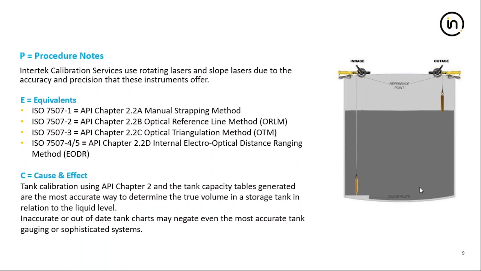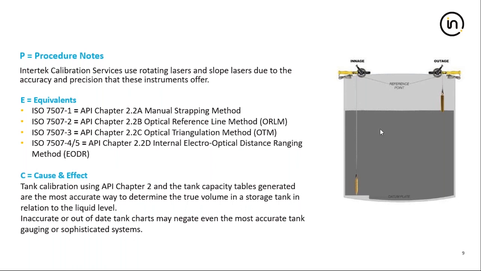You use your color cut or your milling paste to determine at which depth your product ends, and if you have water, what's the level of the water, because water is usually going to accumulate at the bottom of the tank.